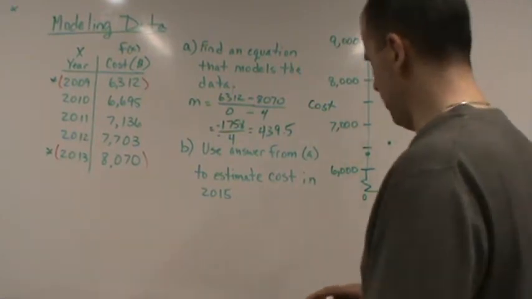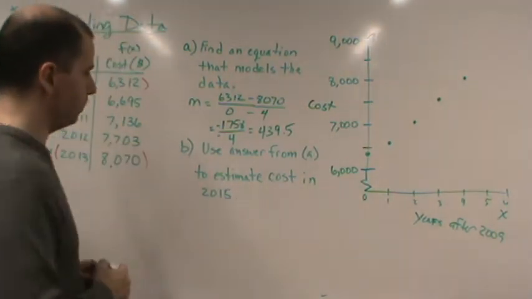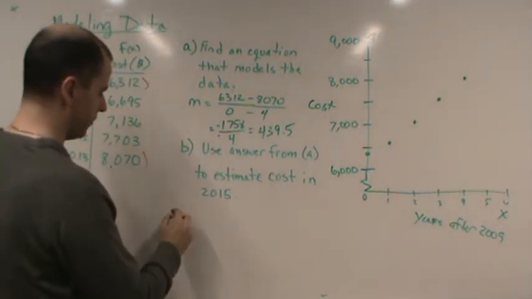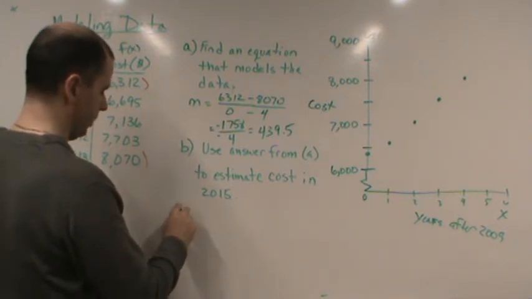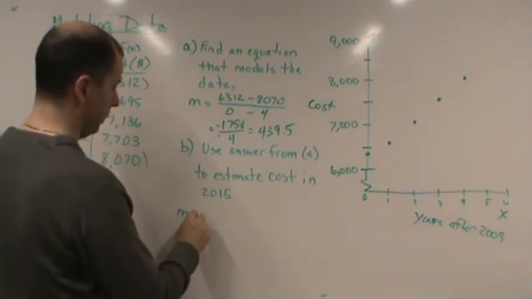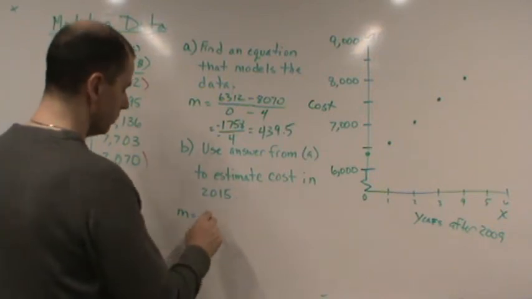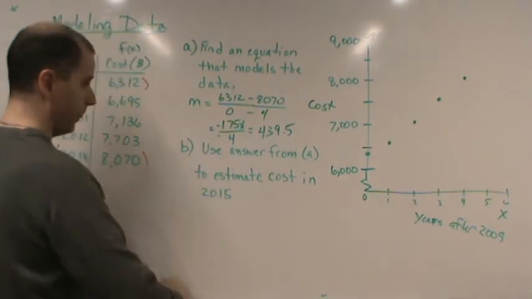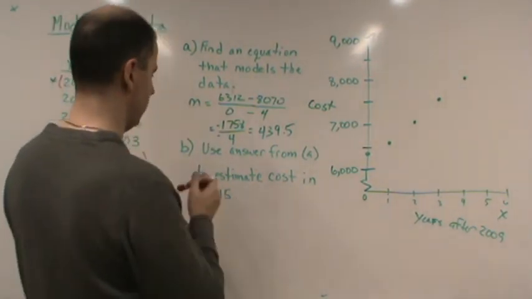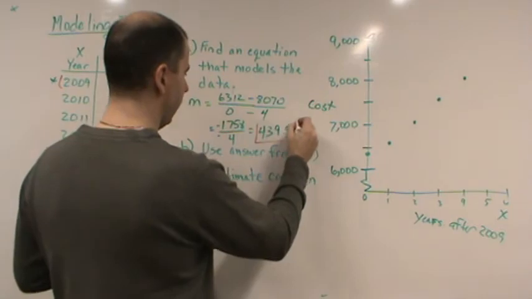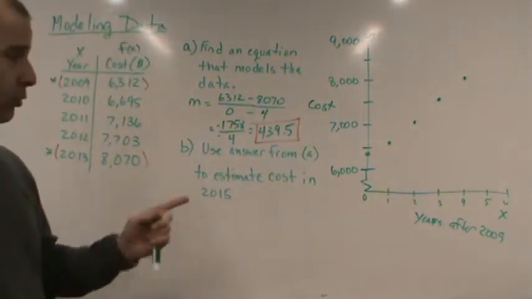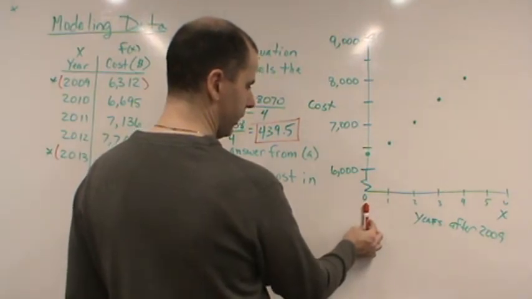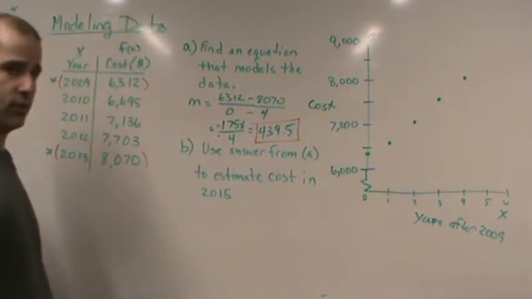Okay, so now what's left? We've got the slope, so now we just need the intercept. Let's find the intercept. The slope equals 439.5. Let's circle this. Now, the intercept, if we look at the graph, we already have it, because at year 0, what's the value?